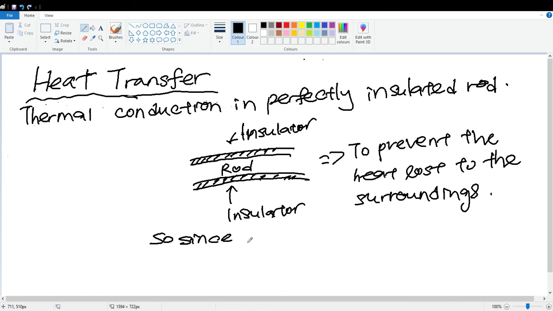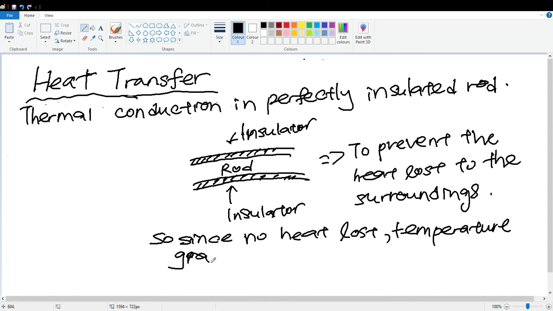Okay, so since there is no heat loss, I can conclude that the temperature gradient is equal to 0.